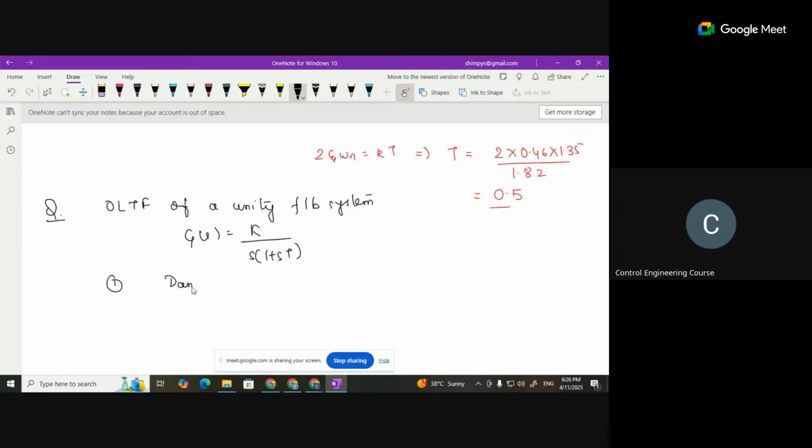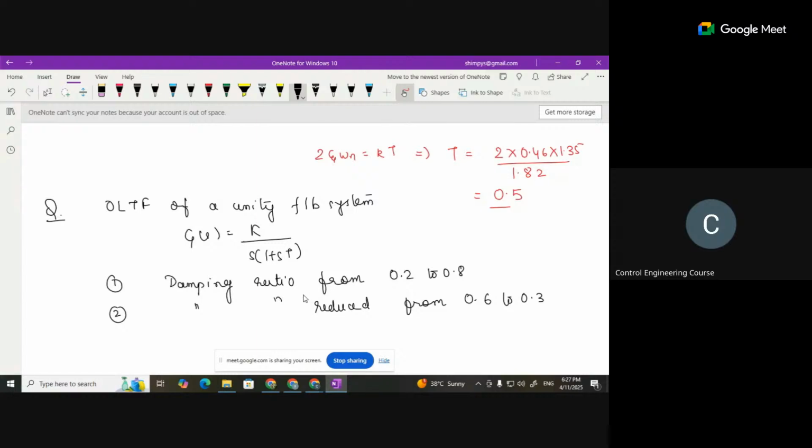We want an increase in damping ratio from 0.2 to 0.8. And by what factor T should be multiplied so that the damping ratio is reduced from 0.6 to 0.3.